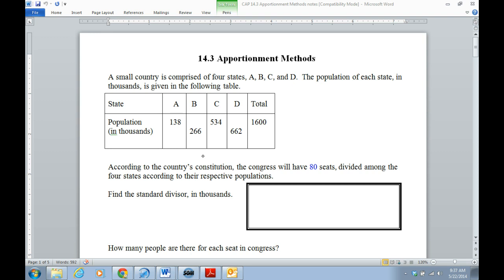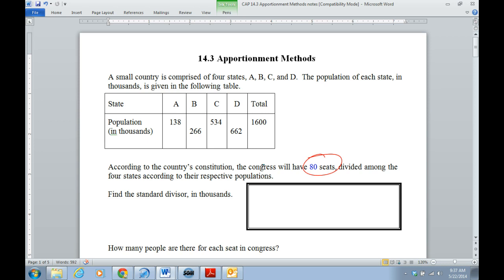According to the country's constitution, the Congress will have 80 seats. There's only 80 to be used. So 80 seats is what we have, divided among 4 states according to their respective populations.